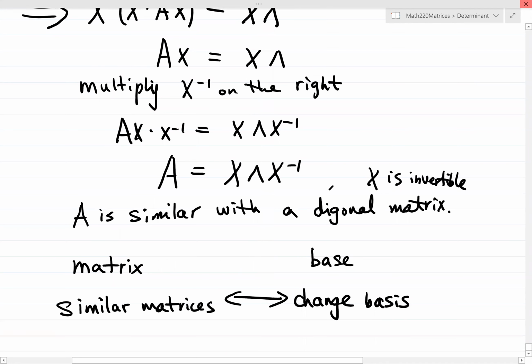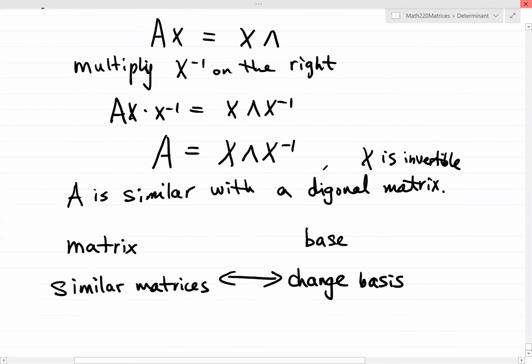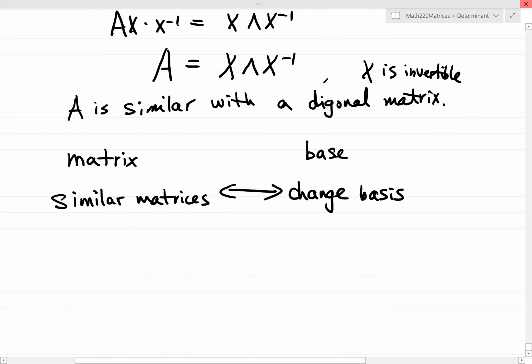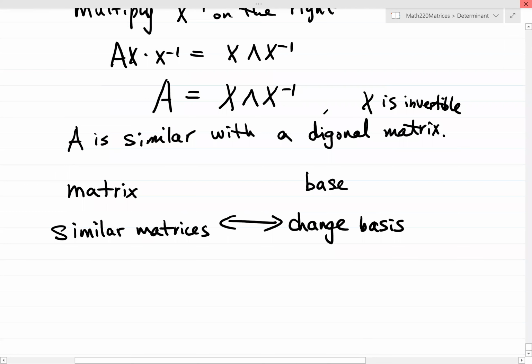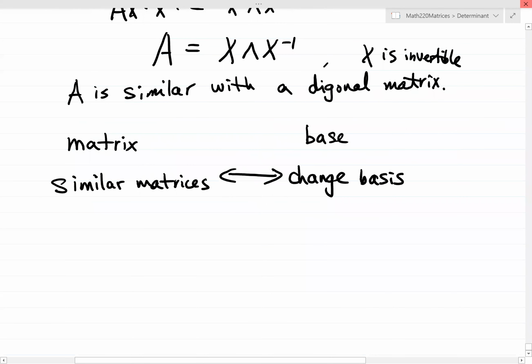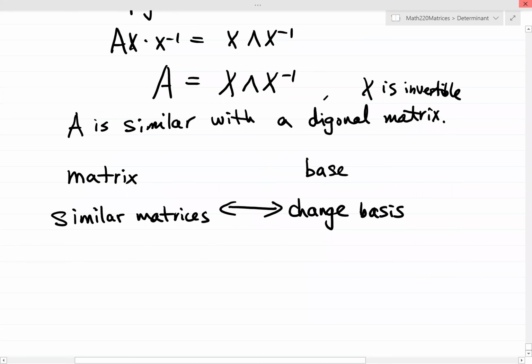This motivates the definition of similar matrices, which we defined last time.